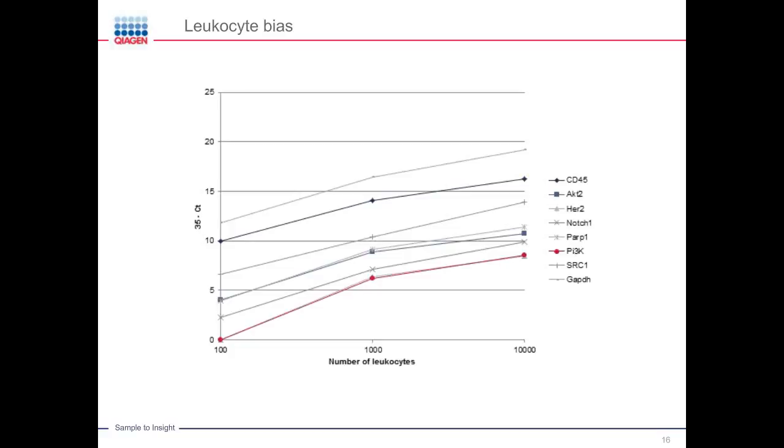You can see that the leukocytes indeed show an expression profile for these genes. And this must be taken into consideration, really, if we would like to exclude such a bias from our CTC results.